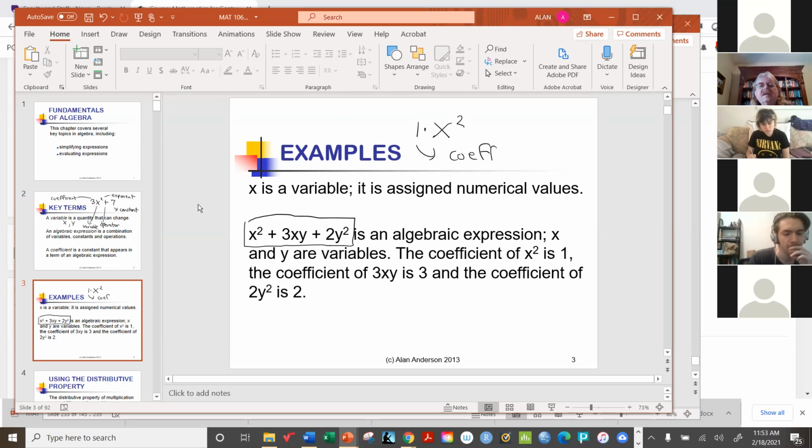It isn't specifically written down, but it's understood that you can think of this as 1 times x squared. Same thing with this. If you've got x by itself, there's an implied exponent of 1. So like before, we've got a lot going on here. We've got coefficients, we've got exponents, we've got operators. The pluses are operators, and we have exponents.